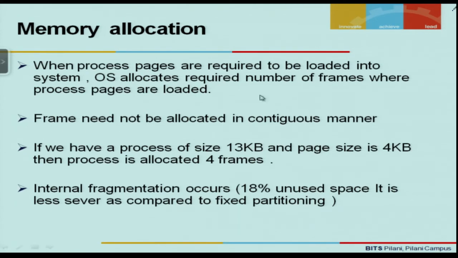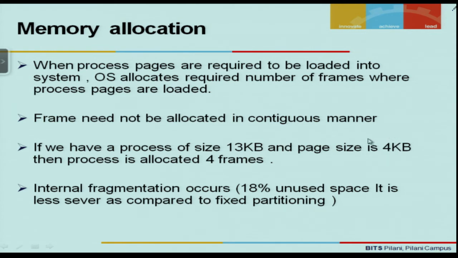We also understand that for the allocation process the frames need not be allocated in a contiguous manner. Let us take an example of a process of size 13 kilobytes, and say the page size is 4 KB, so the allocation is in an integral multiple of the page size.